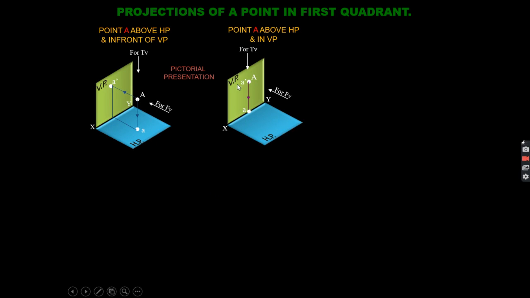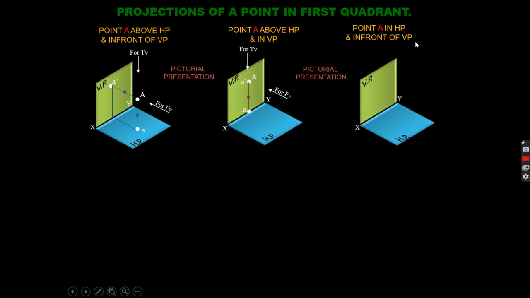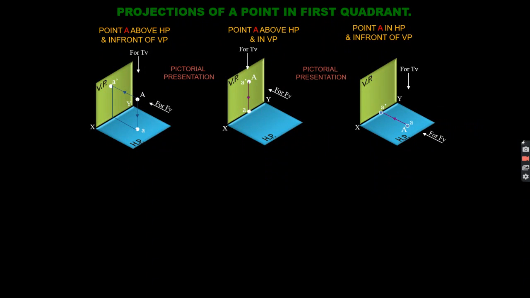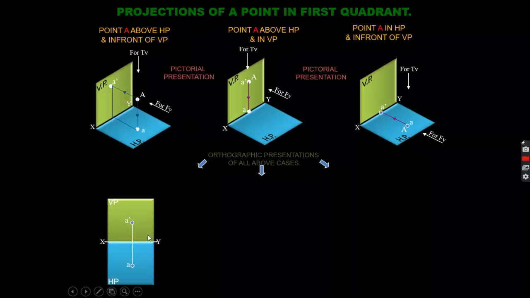Okay, this is your top view and this is your front view. In a similar way, there is another example: point A is in the HP and in front of VP. Okay, so this is the way you have to draw in the drawing sheet.